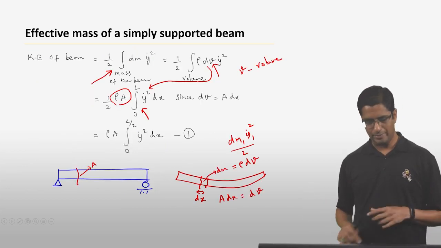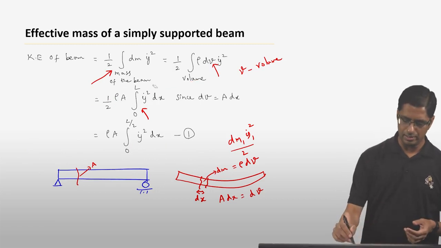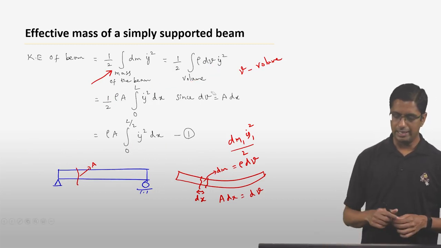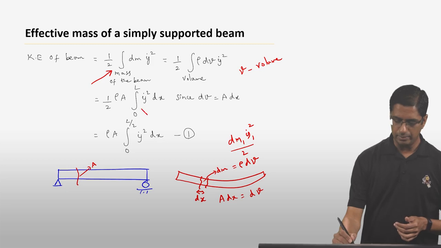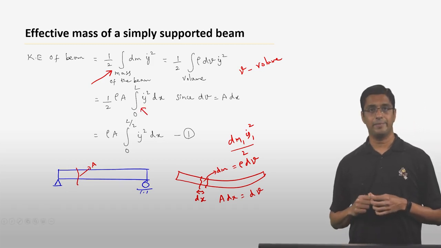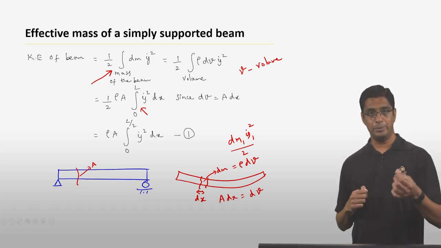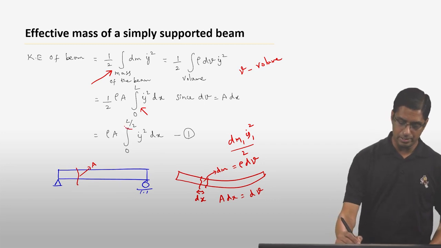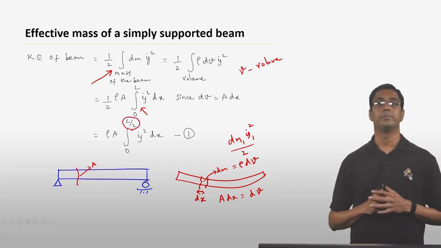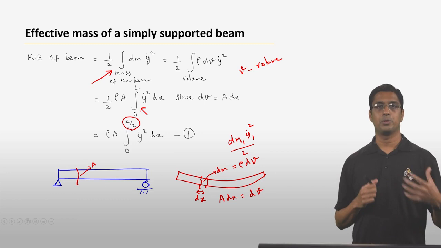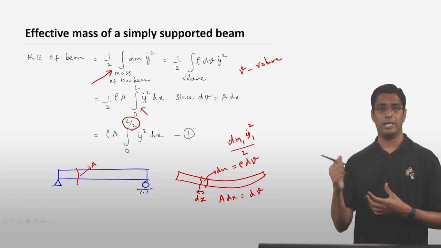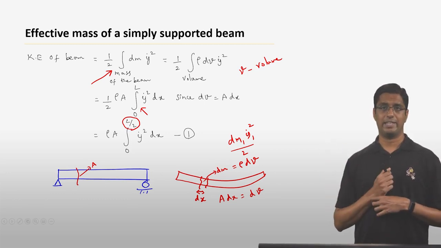That is exactly what I have done here. I have taken the integral from 0 to L of y dot squared dx and multiplied it by 2, but changed the limits from L to L over 2. So it becomes rho A times the integral from 0 to L over 2 of y dot squared dx.